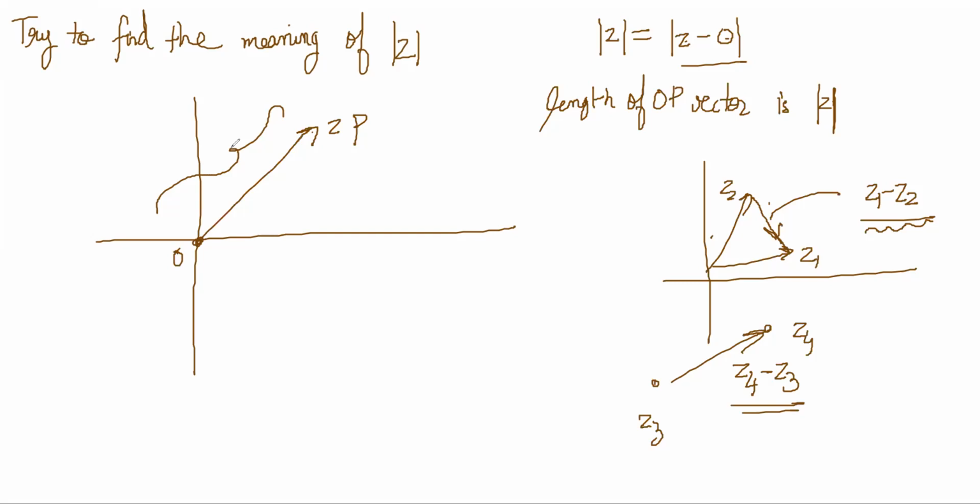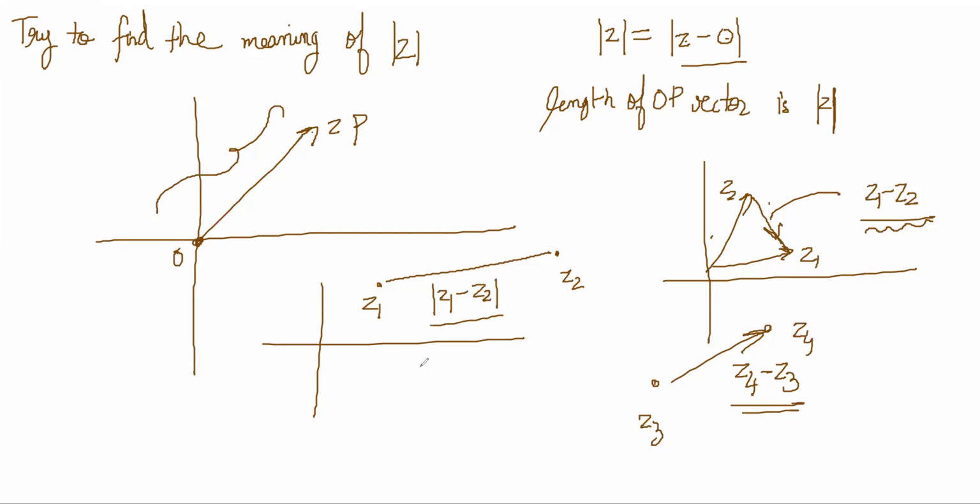Similarly, if I have something like this, z1 and z2, then the length of the line segment joining them will obviously be mod of z1 minus z2, right? Because the vector itself can be thought of as, okay, this arrow is incorrect, the arrow should be towards this, right? Final minus initial.